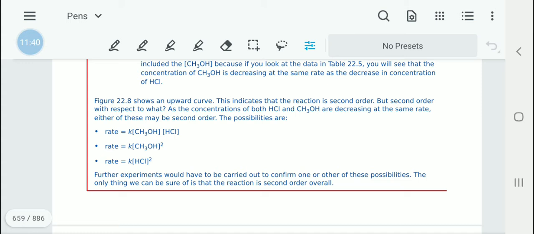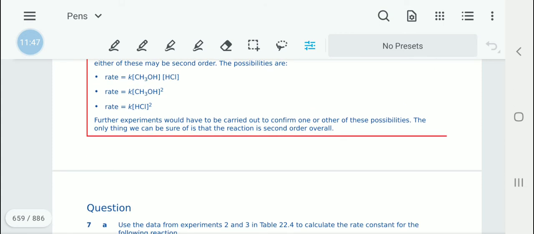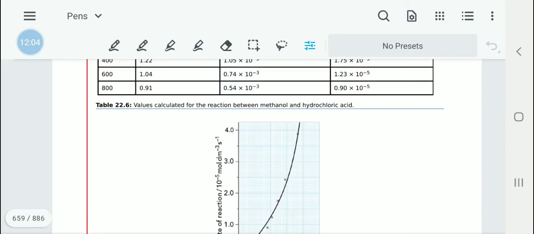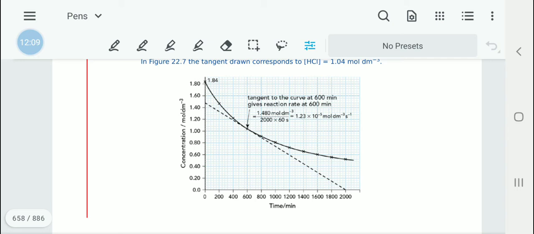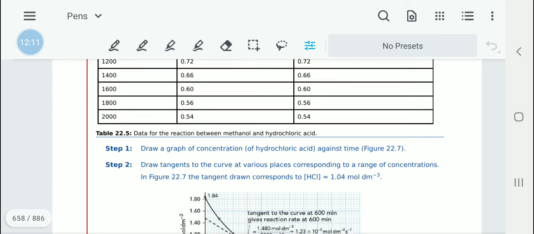So rate could be either k[CH3OH][HCl], or k[CH3OH] squared, or k[HCl] squared. To confirm the possibilities, we will have to do other experimentation as well. However, what we can say for certainty is that overall it is a second order reaction. I hope that makes sense.